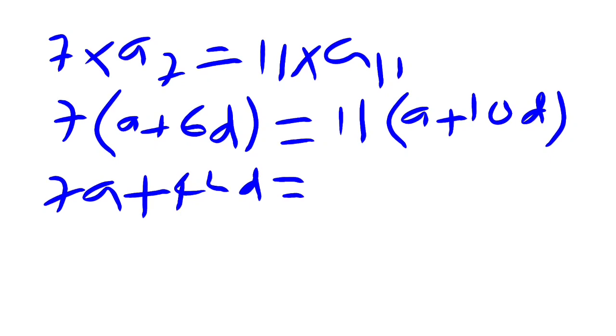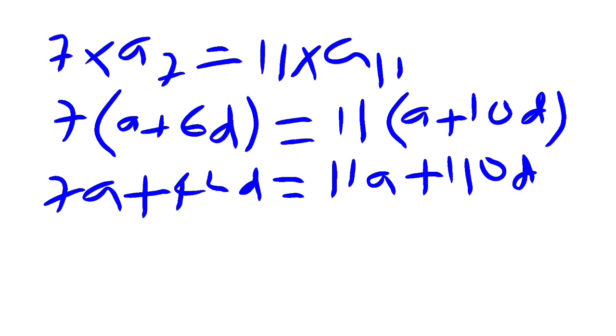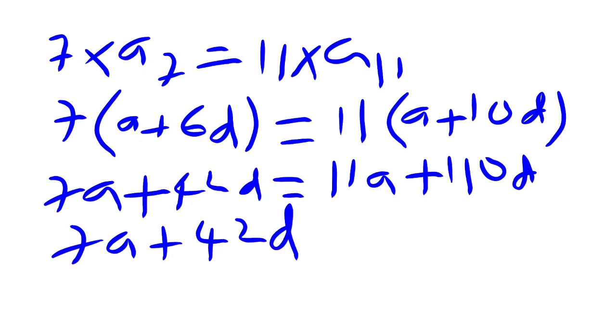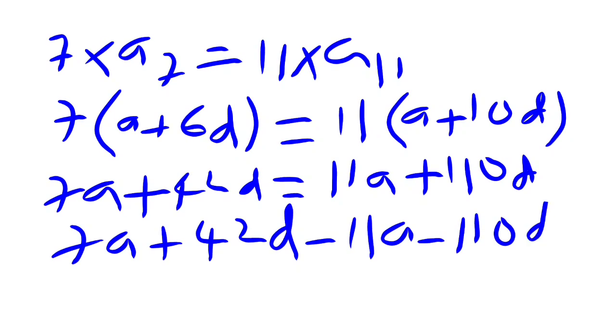It is equal to 11 into a is 11a plus 11 into 10, 110 into d. So now write a terms one side and constants another side. Otherwise, transpose all terms to the left side. Then the RHS will be 0.